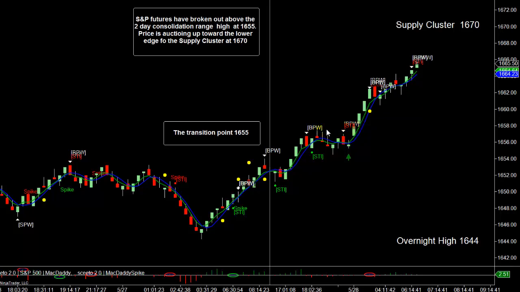And certainly it's not advised to be a scale-in seller. In other words, you don't want to hold a short and keep selling it and keep selling it. Nothing to be gained by that. What you really want to do is to exit the short and buy the breakout with the expectation that the market's going to trade up to the upper cluster edge at 1670.